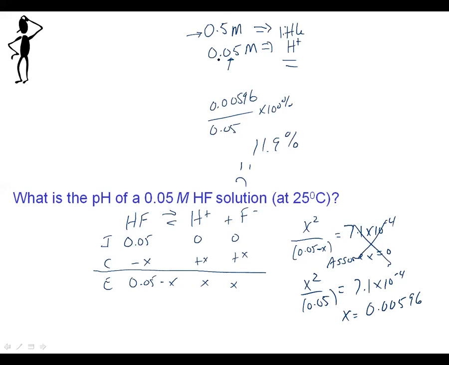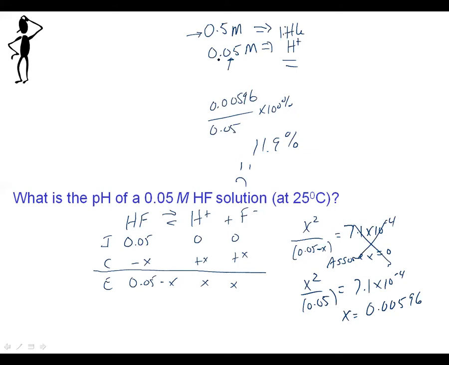So the concentration of these weak acids will have an effect on whether the assumption will work. If you started with a higher concentration of a weak acid, the little bit that comes off is relatively small compared to where you started, as opposed to if your concentration of weak acid was very small to begin with.